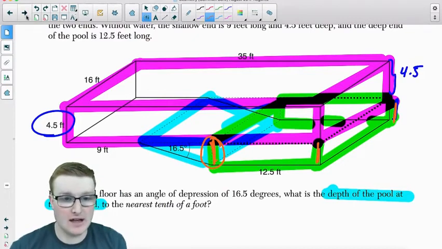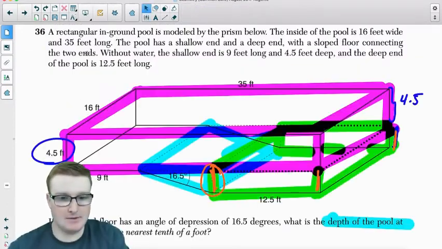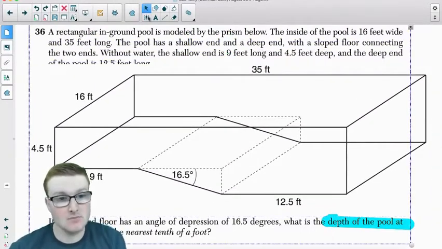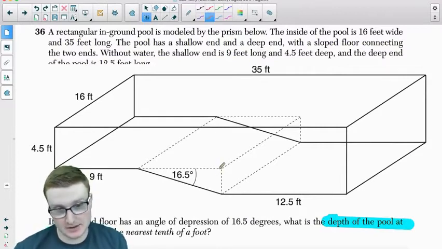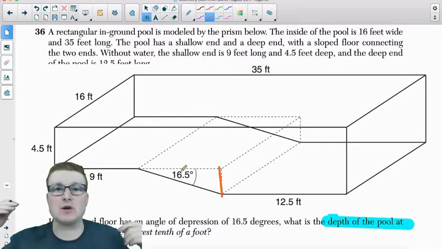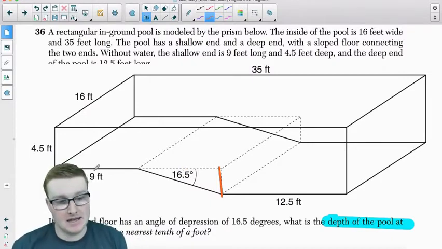Okay, hold on one second. I'm going to take a copy of this and overlap it real quick, just to zoom in on what I'm talking about here. Your goal is to solve for this right here. The problem is we only have an angle. We don't even have a side. How are we dealing with this? You need to be smart about it. They tell you that this is 9 feet.